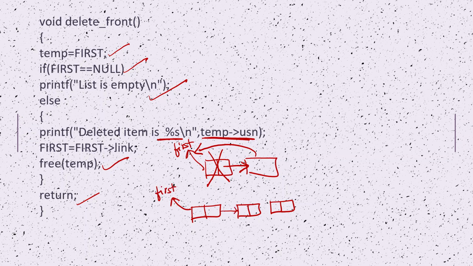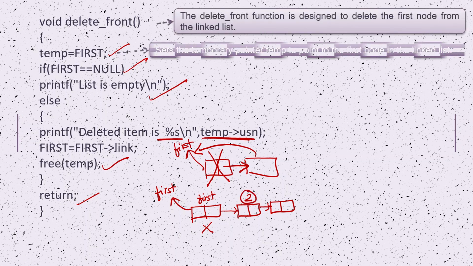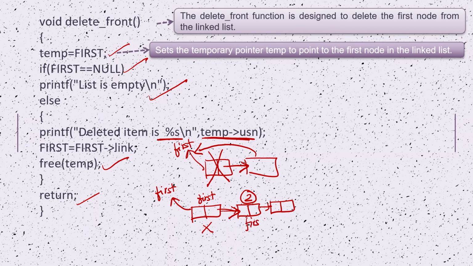Now I have to do the deletion from the front. That means I have to delete this node. See, this was previously the first node, right? Now wherever first was pointing to, that has to become your first node. That means automatically this will get deleted.